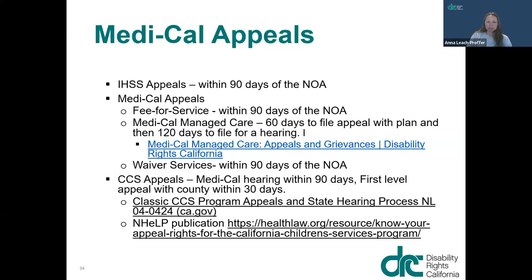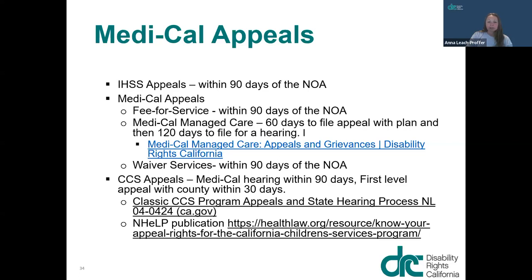We have a link here to a publication that walks through in more detail the process for Medi-Cal managed care appeals and grievances. And then for CCS appeals, again, a little bit more complicated. The Medi-Cal hearing timeline is 90 days. There's also available in CCS a first level appeal process with the county. It has a 30-day timeline.